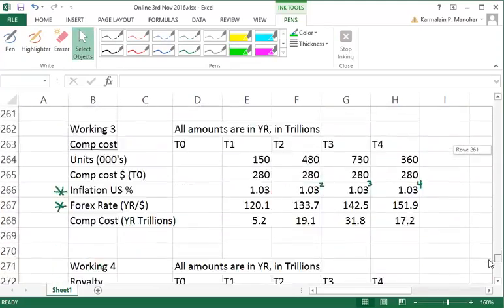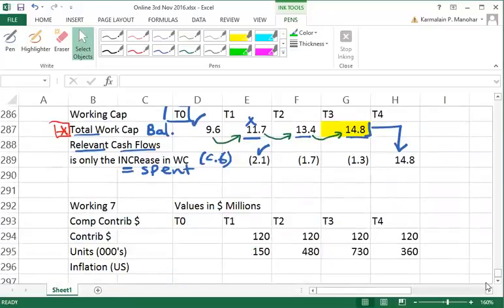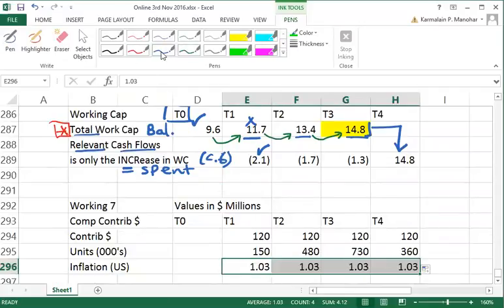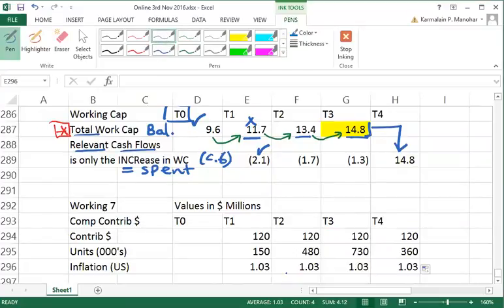So after here, year 1 and onwards, I'll multiply by 1.03, and each year that will simply be compounded. So that's 1.03 squared for T2, cubed for T3, and to the power of 4 for T4.